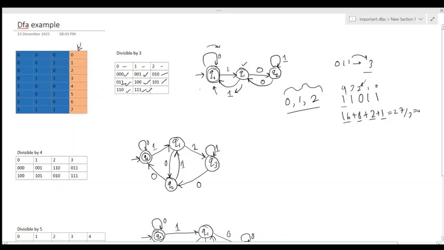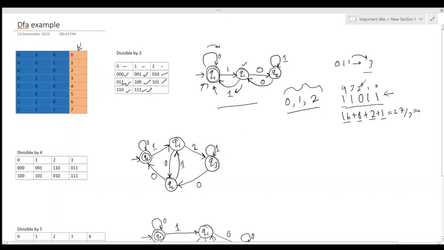So we reach the accepting state, that is, divisible by 3. So this string is recognized by this DFA. In this way we can verify any binary string with this transition diagram. This is the transition diagram for any binary number divisible by 3.